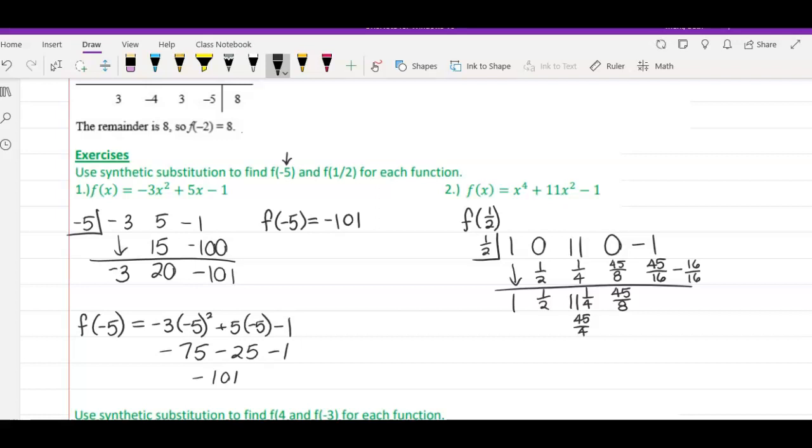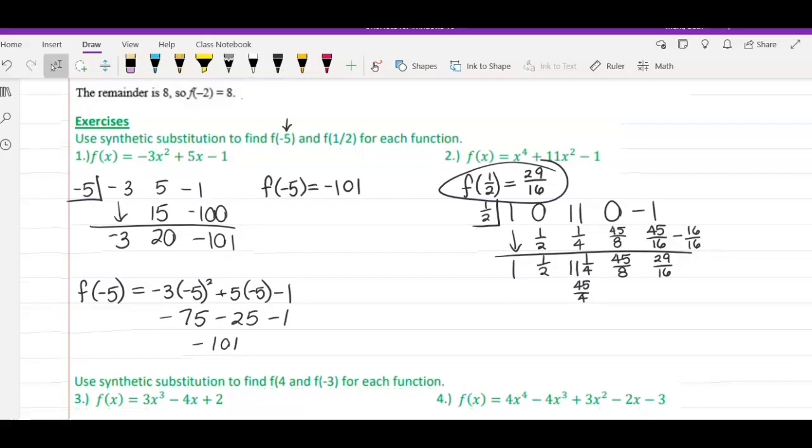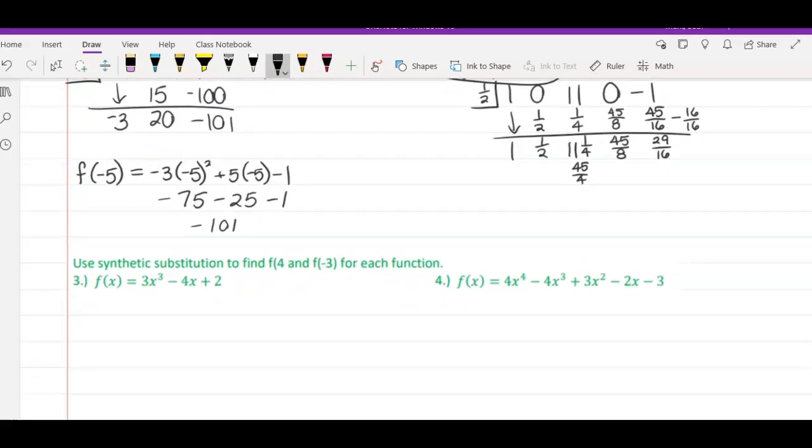And when I do that, I get 29/16 for my answer. So that means f of 1/2 is 29/16, which I know is a lot of fractions to deal with, but that's actually sometimes easier than trying to put a fraction in direct substitution.